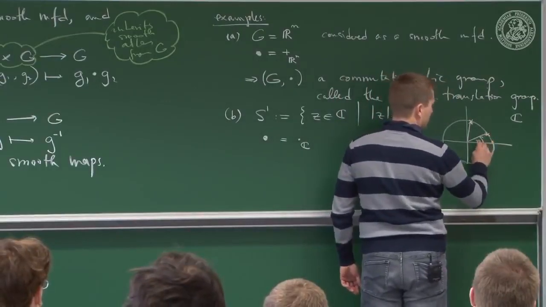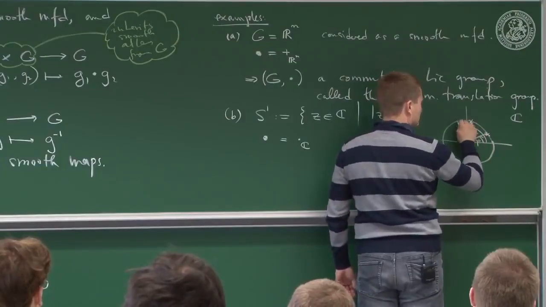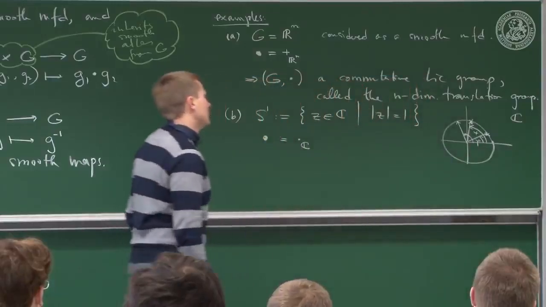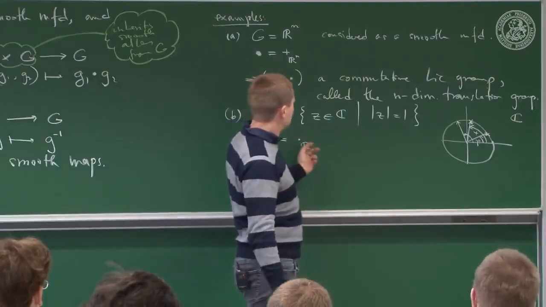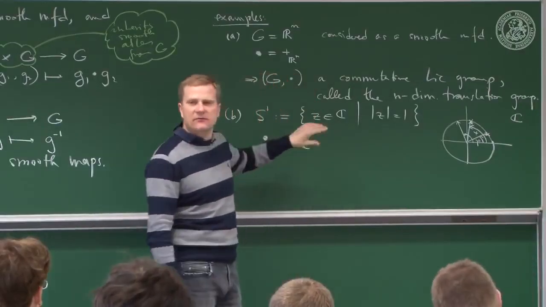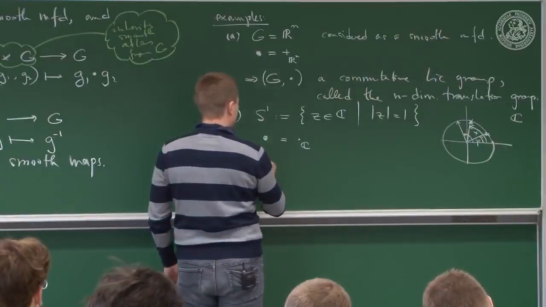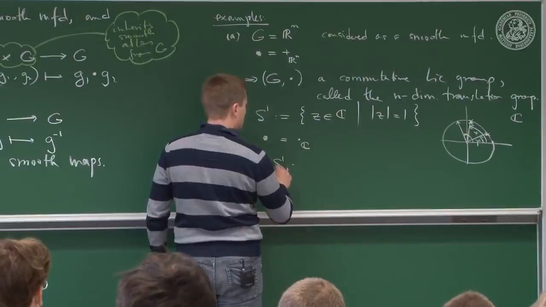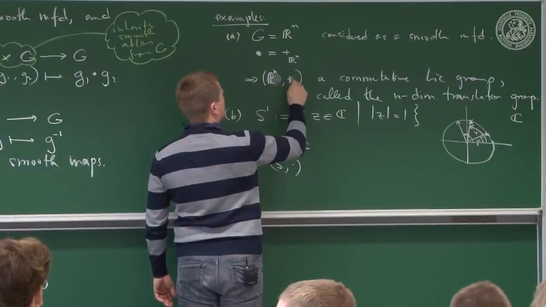So if this was an angle phi and this was an angle psi, then the sum of the two is here, that number with angle phi plus psi. And you easily see that with this multiplication, everyone has an inverse, and then you go back and forth, and so on.